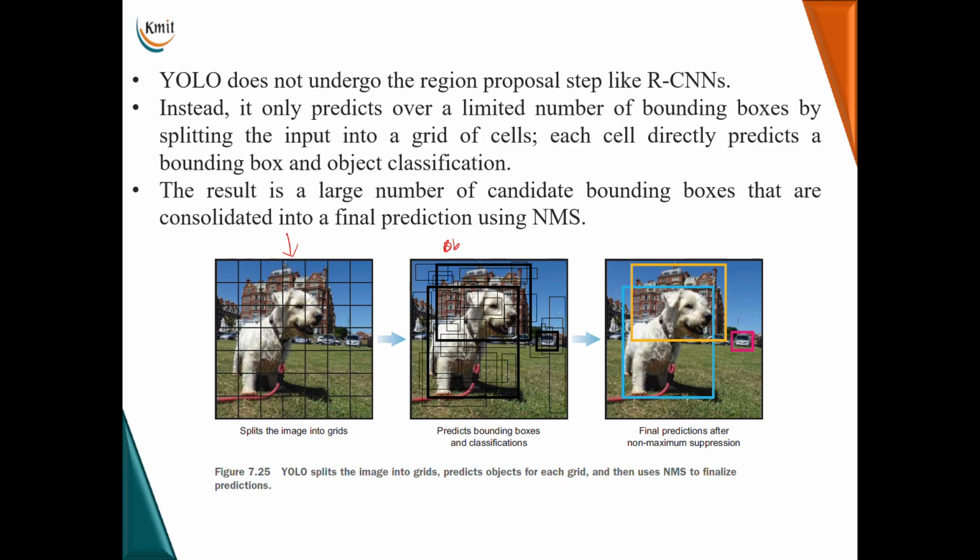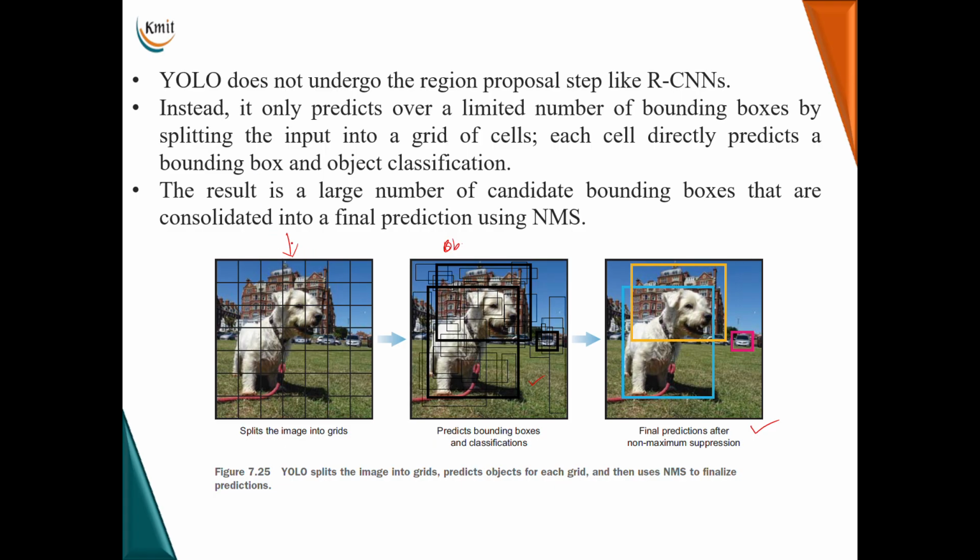If an object is contained in it, those anchor boxes will be used for further analysis, and these are the final predictions after non-maximum suppression. So to detect the building, this yellow bounding box is generated, blue is generated for detecting the dog, and for detecting the car, a pink bounding box is generated. So n number of bounding boxes are converted into only 3, as we have 3 targets here.